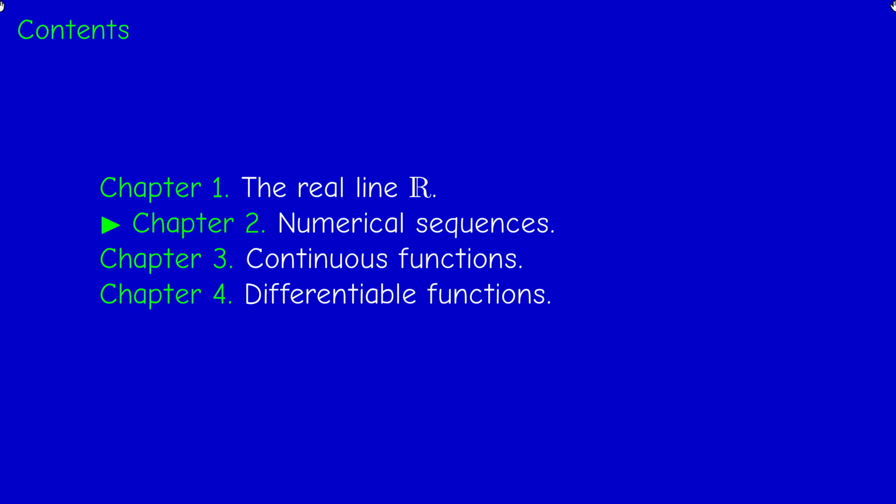We set yn to be the supremum of the set xk, k bigger or equal than n. So it's the supremum of the set xn, xn plus 1, xn plus 2, and so on. Now the fact that xn is bounded means that this set is bounded, so the supremum exists. It's a real number.